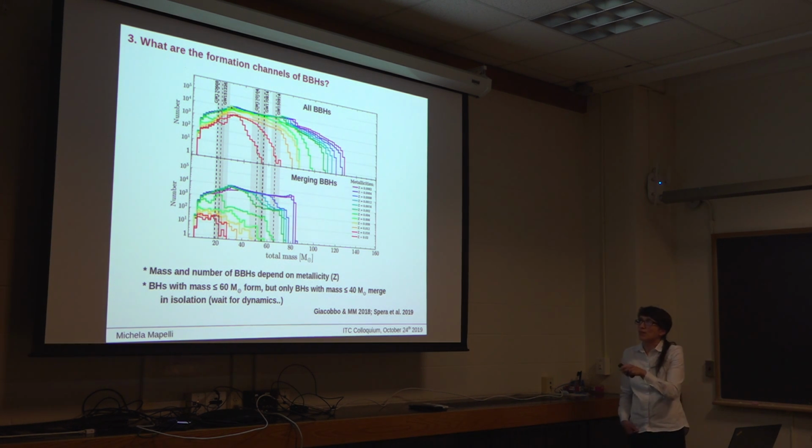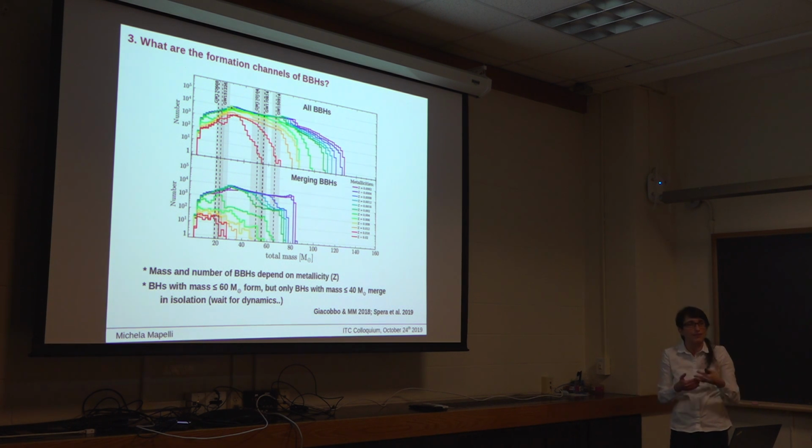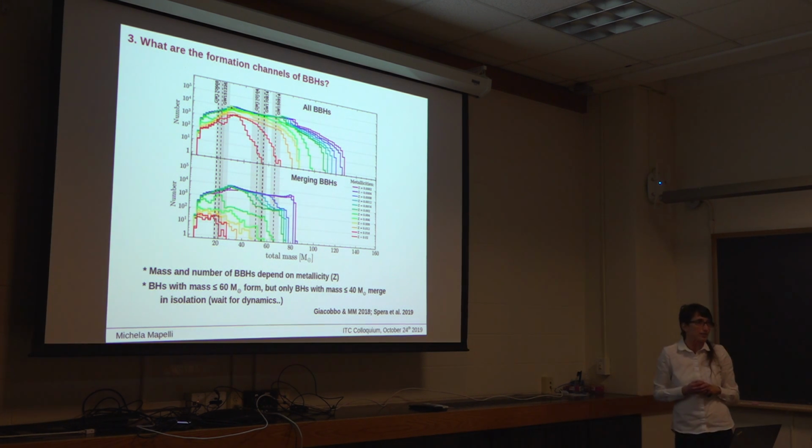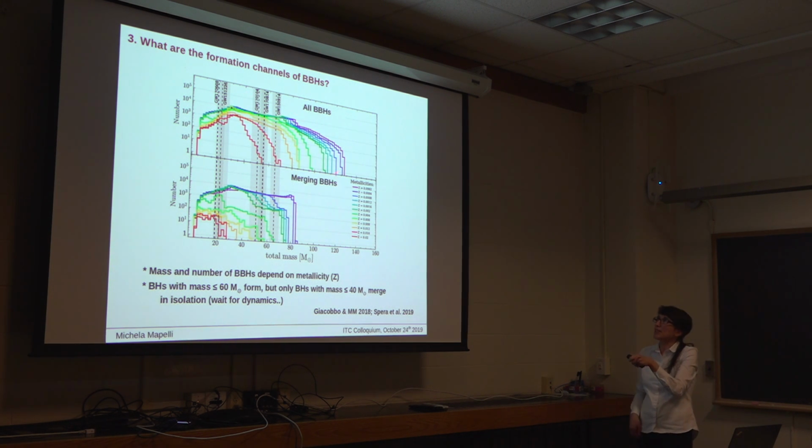From this kind of plot, we can immediately see several important features of metallicity. The first one is a confirmation of what we already learned from single stellar evolution, and that is that metallicity affects the maximum mass of the black hole. With metal-poor stars, we can reach significantly more massive black holes.